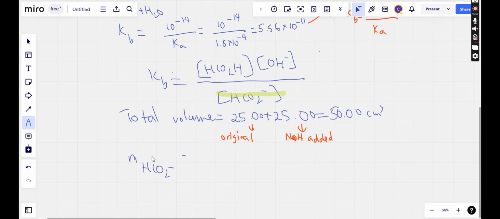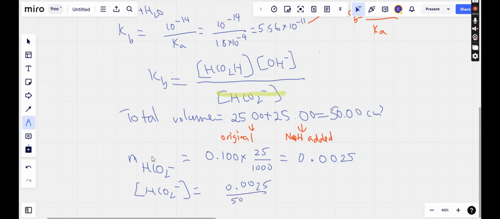So your amount of conjugate base formed is actually 0.100 times 25, and that is equal to the amount of acid, right? So you guys still get 0.0025 mol, but then the concentration is 0.0025 divided by 50 instead of 25. Let me just quickly key this into the calculator.